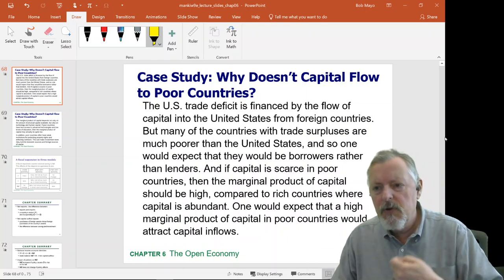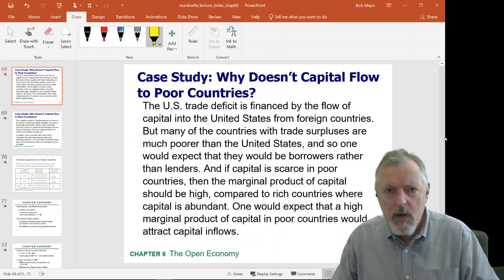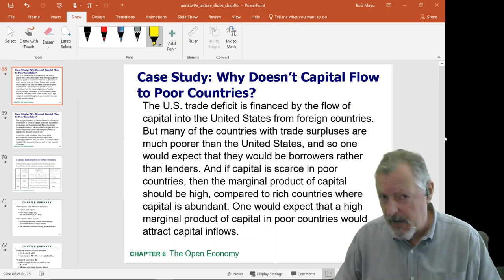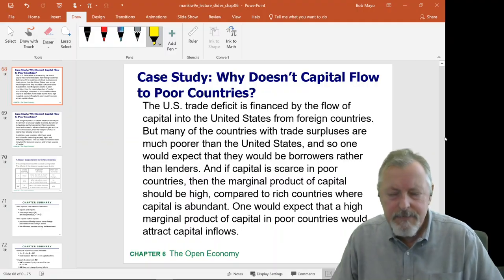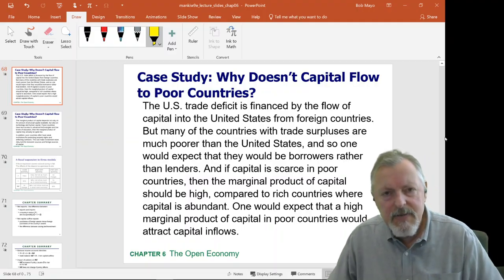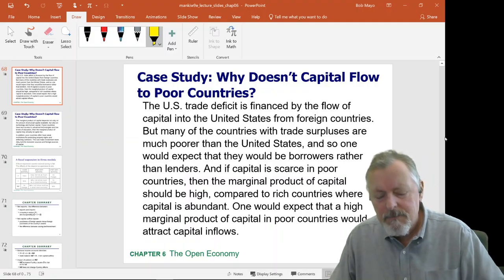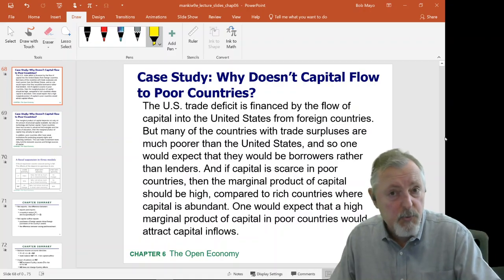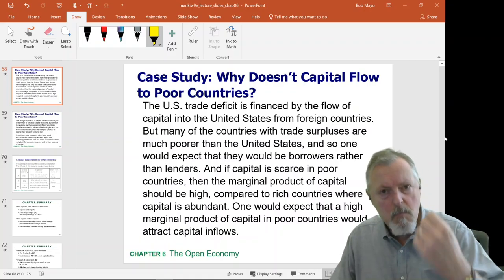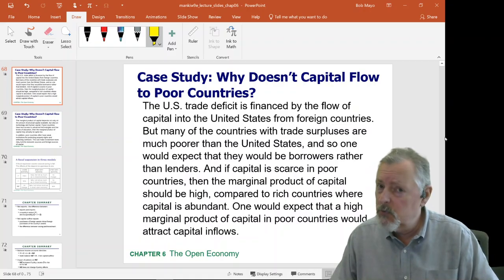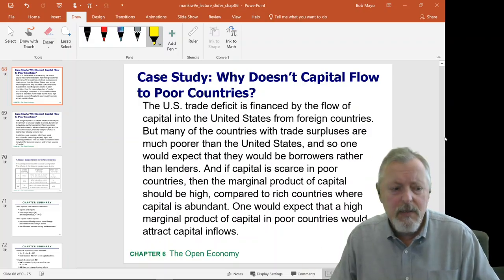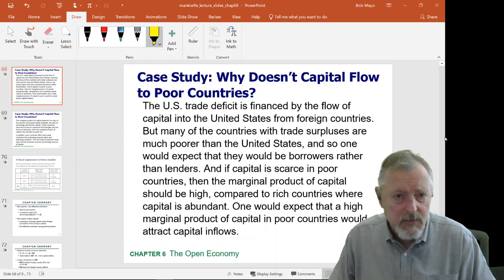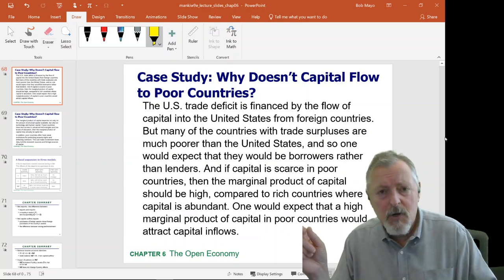A country with a very poor legal system, where it's difficult to enforce contracts, where there's a lot of corruption, that makes investment more risky. Therefore, you have to charge a risk premium. You have to pay more to persuade people to invest in that kind of environment. And that frequently is a larger factor than the larger marginal return.